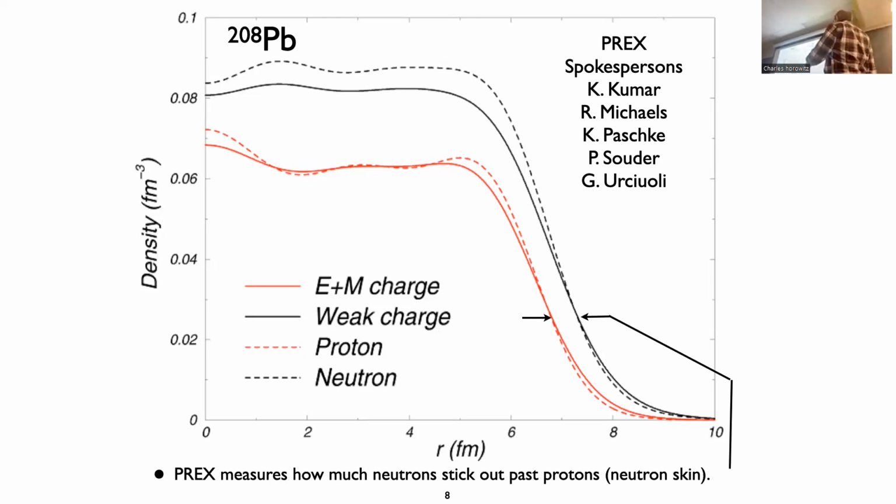And I'm just saying, we're measuring the size of the black curve. And since we already knew the size of the red curve, we knew the charge radius, we're seeing how much the black curve sticks out compared to the red. But that point is not necessarily indicating the RMS radius.